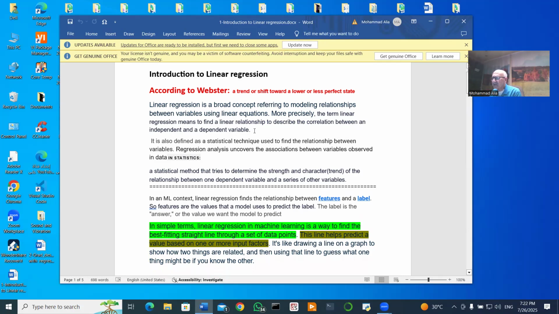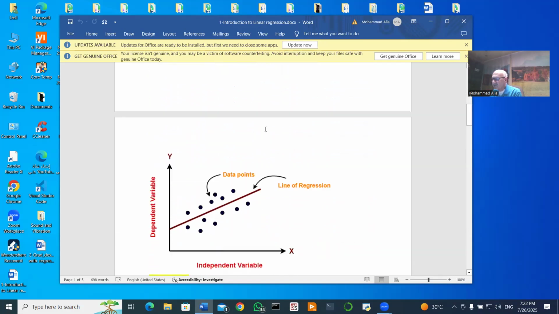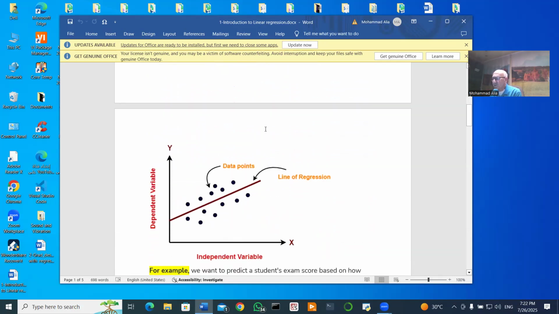To find the linear relationship means that we can define a linear equation, where we have the variables as input and output. Such a line here, this line is a linear regression line.